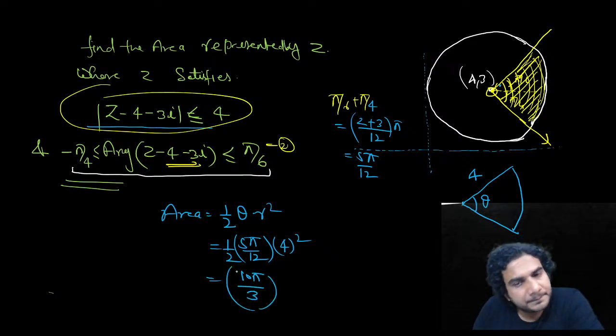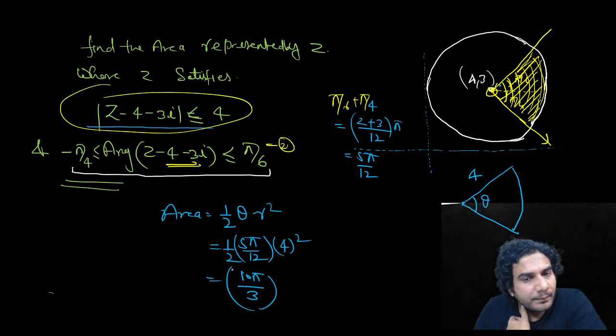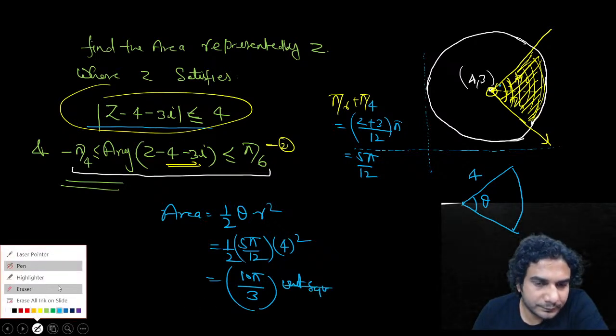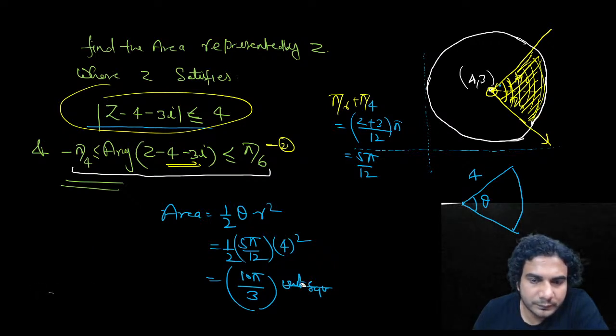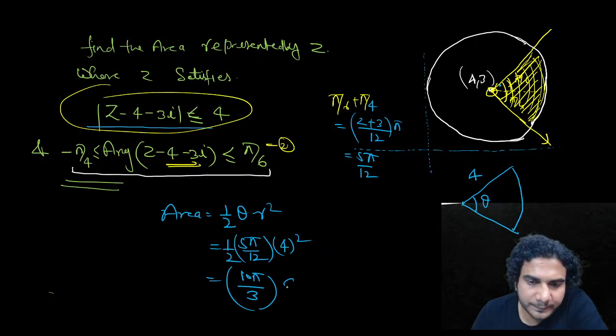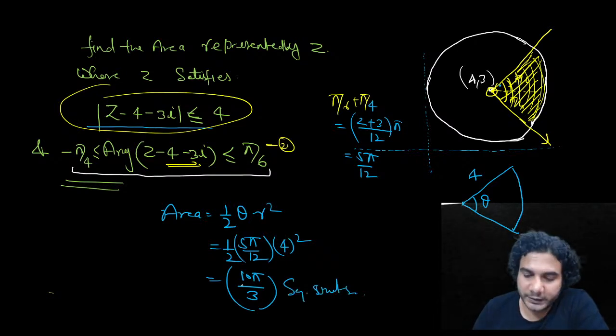Yeah. 10 pi by 3 unit square. So this was the answer. I hope you have got it.